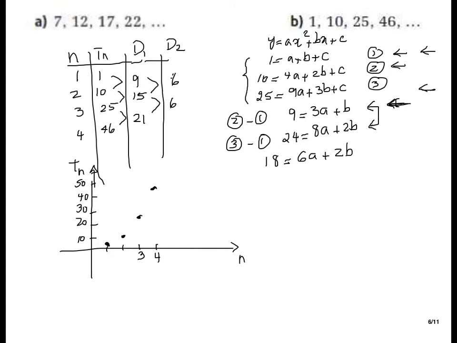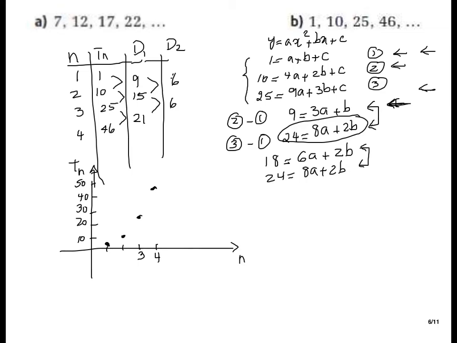And the next equation is 24 equals 8a plus 2b, which is the same equation as this one. Now I have these two equations. If I subtract them from each other, b is going to be gone.